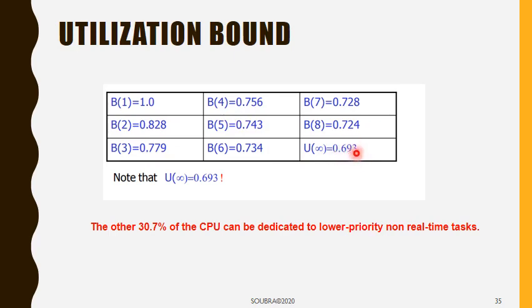That's wonderful. This means that the UB, with a theoretical infinite number of tasks, all I have to do is be lower than that. This means that all the time I'll have 30% of my CPU free, which is wonderful. And I can use it, of course, for non-real-time tasks to do some statistics, stuff like that.